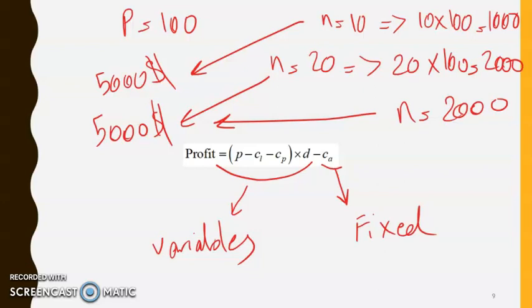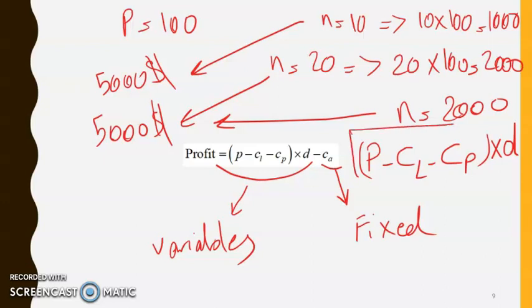So the profit that you can get from each unit is the price of that unit minus labor cost of that unit minus product cost of that unit. It is for one item. To get the total, you need to multiply it by the demand in that year. So it would be the total income you have.